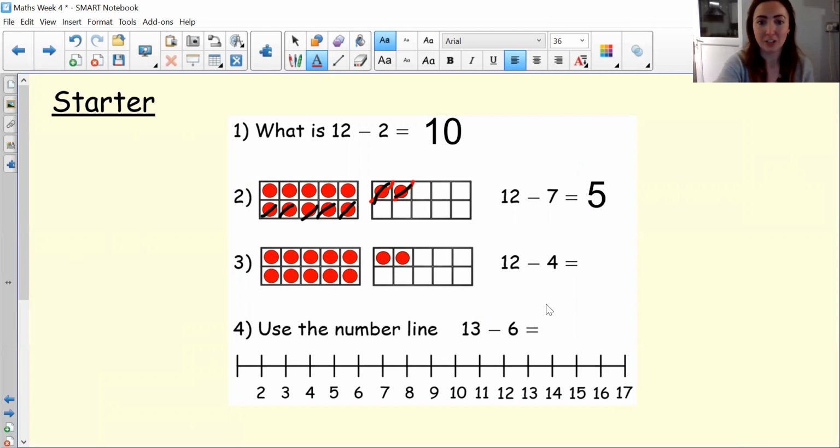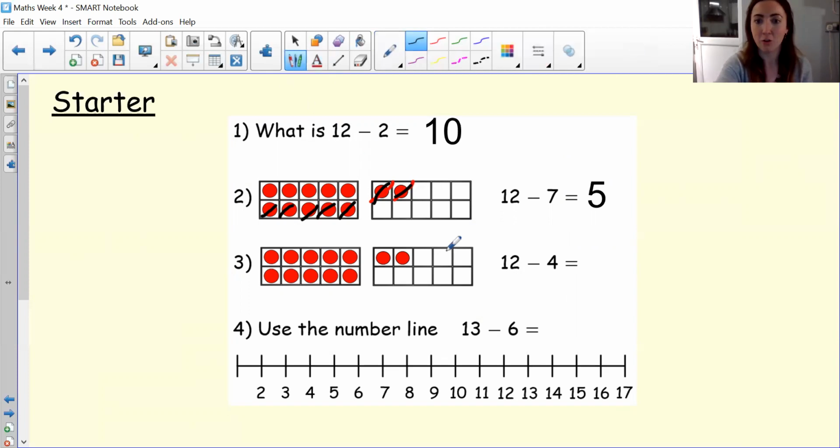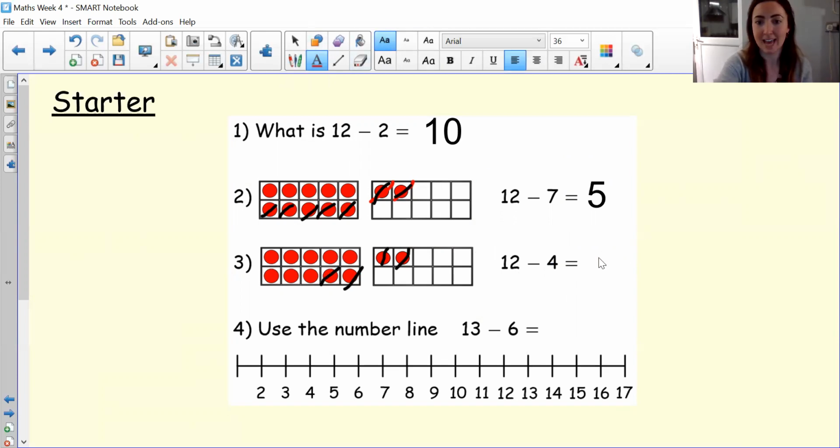And then the next question, question 3, 12 subtract 4. Again, I can cross out 4. How many are left? That's right, 8.